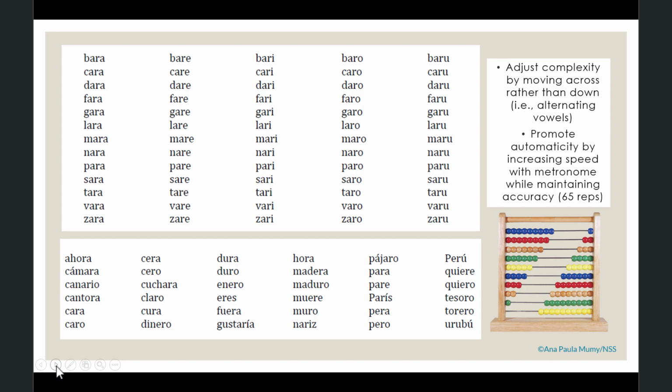So bara, cara, dara, fara, gara, lara, mara, nara, para, sara, dara, vara, and you're just having them go through and then, bade, kare, dare, and so on, badi, kari, dari, and you just go through all of the different targets and making sure that they are comfortable getting to that tap in that medial position, but seeing the R sound, right? Seeing the R grapheme, but producing it as a tap rather than the American English R, right?